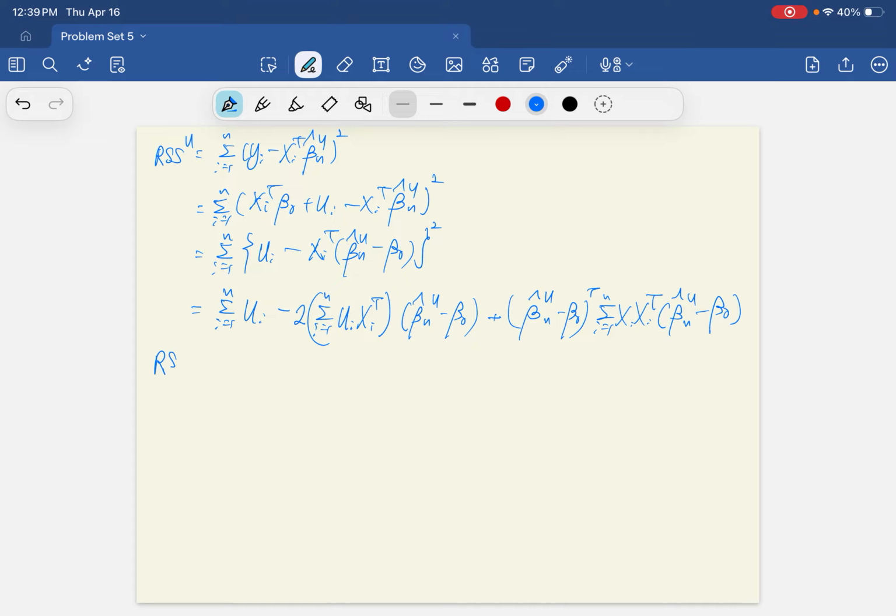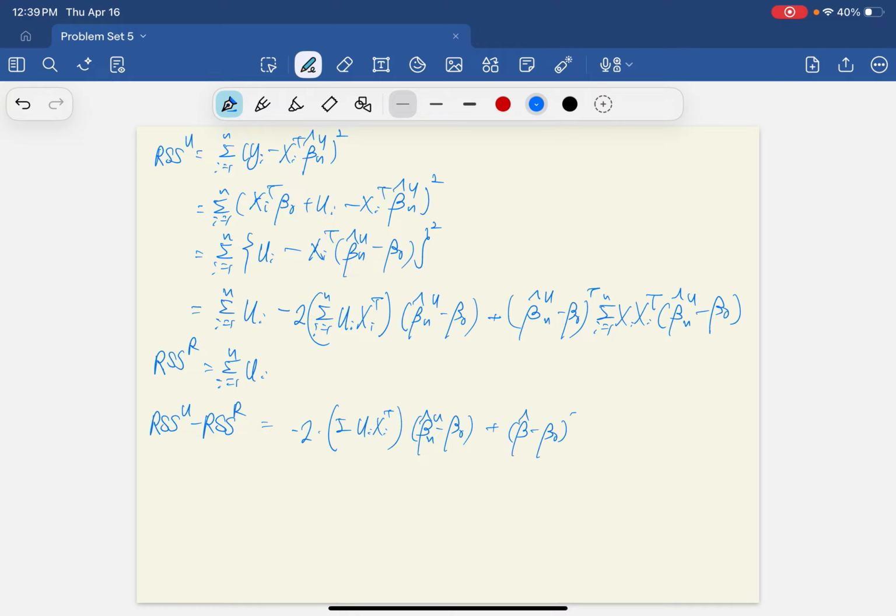On the other hand, RSS restricted will be simply the summation of u_i squared. So that means RSS_U minus RSS_R, let me call this delta, I will define it later, is simply minus 2 times the summation of u_i x_i transpose (beta hat minus beta_0) plus (beta hat minus beta_0) transpose times the summation of x_i x_i transpose times (beta hat minus beta_0).